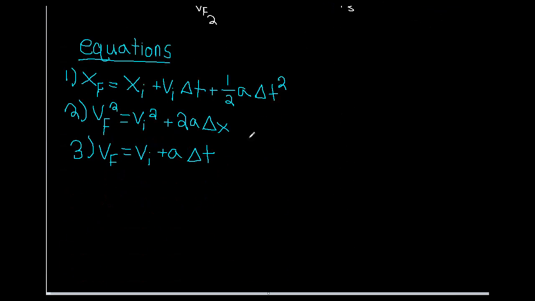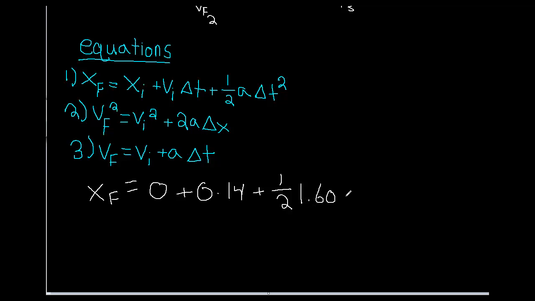We're going to use equation 1 here to get us started. So x final is what we're looking for. X initial is obviously 0. Velocity initial is also 0, which negates the change in time, which is 14 seconds, plus 1/2 the acceleration, which we were given to be 1.60 meters per second squared, and then the change in time once again was 14 squared.